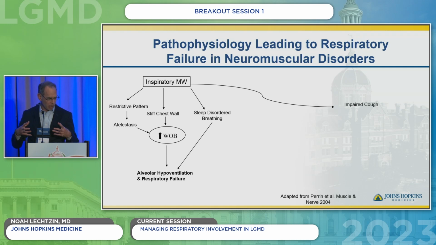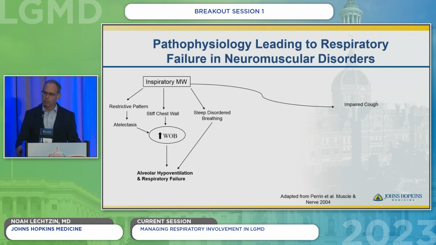You can't fill them up enough. The chest wall also becomes stiffer, because if you don't stretch those muscles out, the chest becomes stiff. Both of those things make it harder to breathe, which that little up arrow there is for: work of breathing. The work that's required to breathe becomes more, in spite of the fact that your muscles are weaker. So now your muscles are weak, and you're having to use them more and do more work with them.